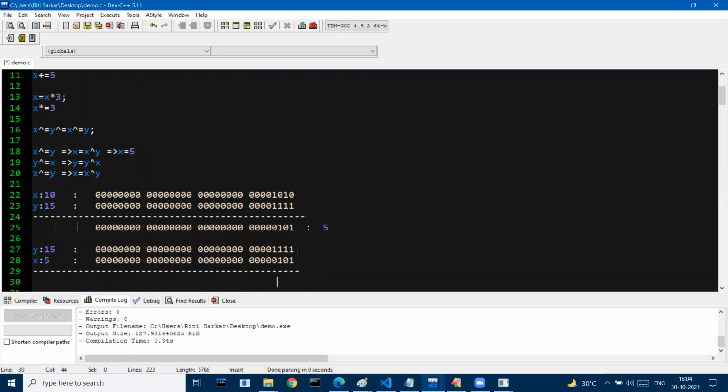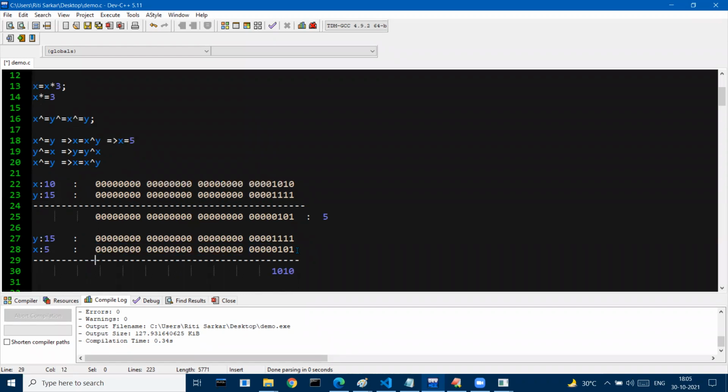Same is 0: 1111 XOR 0101 gives 1010. Remaining everything 0. This is equivalent to 10. Given to whom? y. So the y value will become 10.